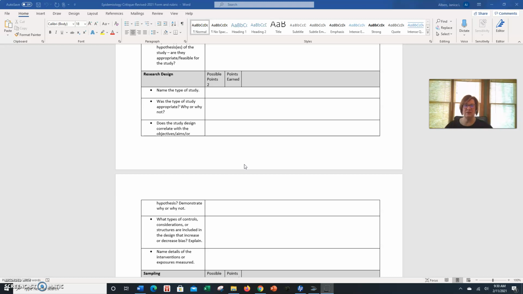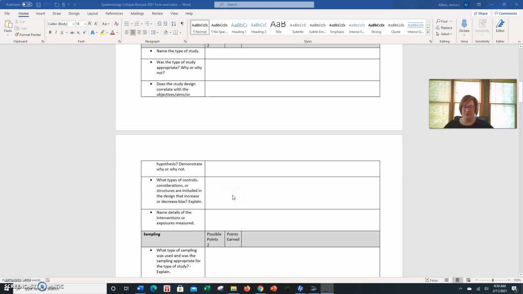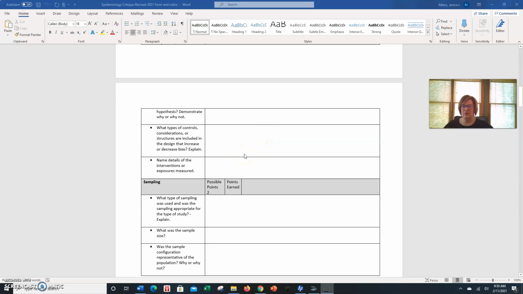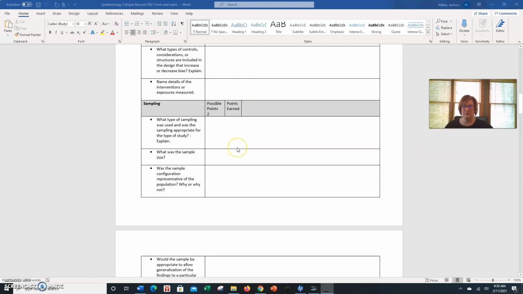You need to ask these critical questions as you're reading through the article. So does the study design correlate with the aims, objectives, or hypotheses? What types of controls or considerations were included? And really get into the details of the interventions or exposures that were measured.